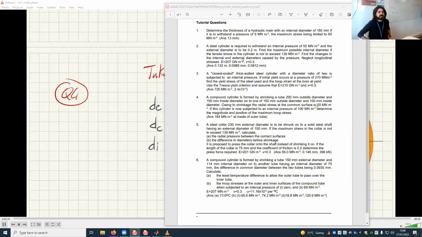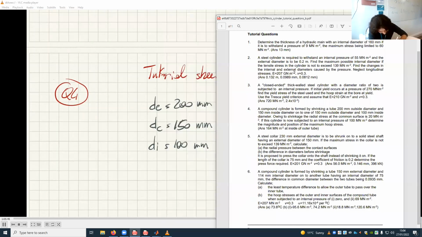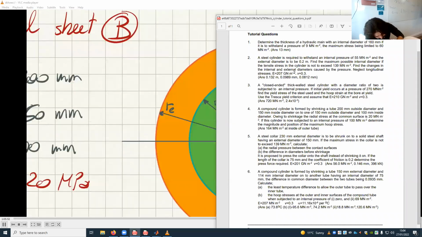But what does it mean? What is 20 megapascal? That's the contact pressure. So whatever contact pressure PC you have, that is 20 megapascal. What I'm saying is that if you go here, there is a contact pressure that is applied to both sides.